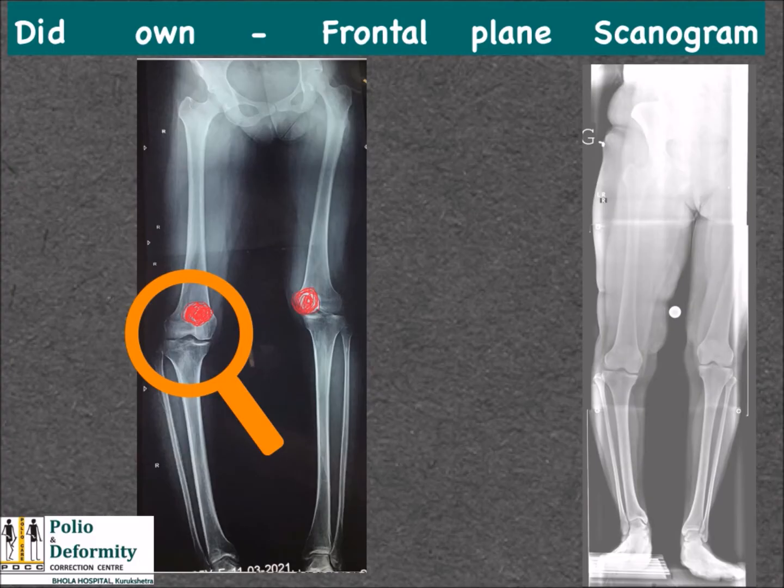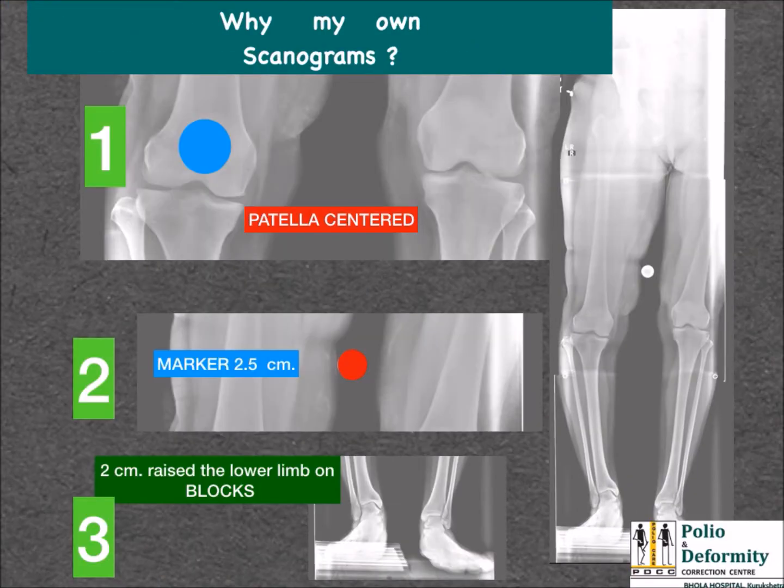I did my own frontal plane scanograms, and in that I placed the patella center in the AP view. I placed a marker of 2.5 centimeter, and I raised the lower limb on blocks by 2 centimeter so that the pelvis is secure.